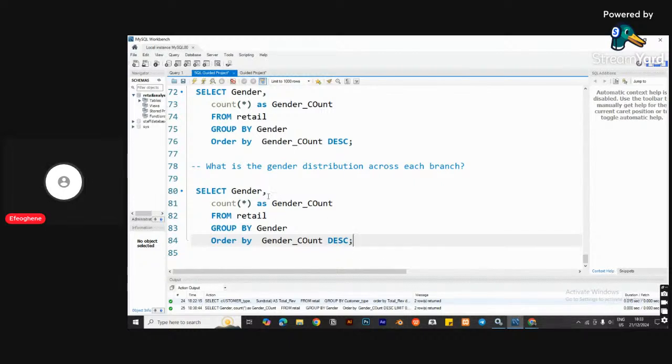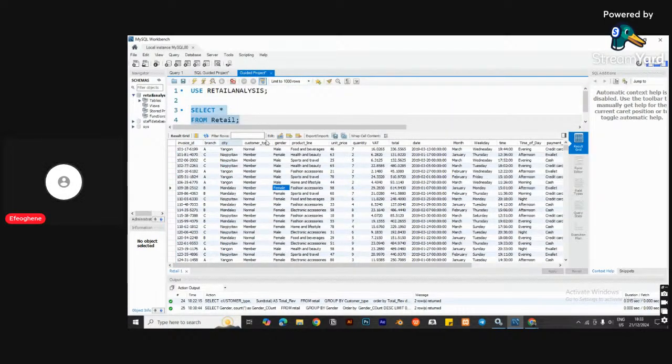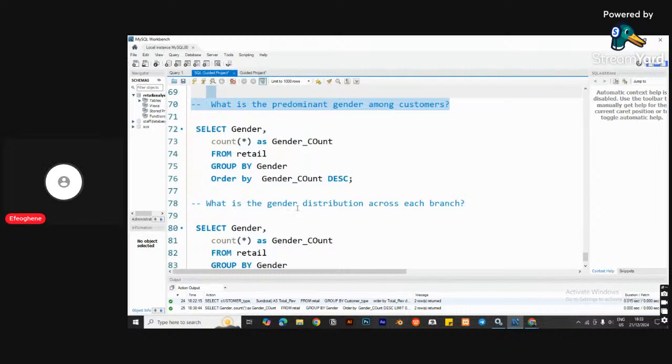So how do we do this? We select gender. Now the earlier question was, what is the predominant gender among customers? That was just across the entire data set. But for this one, it is specific across each branch.